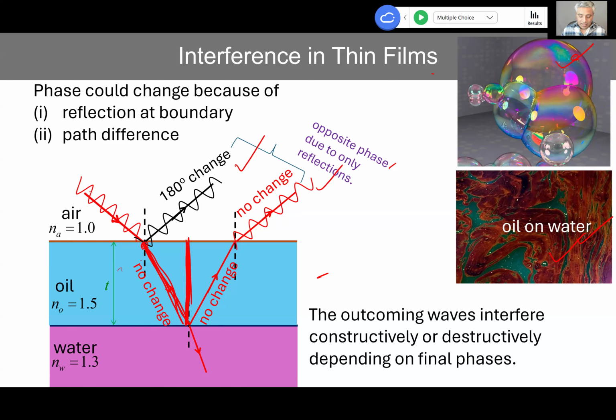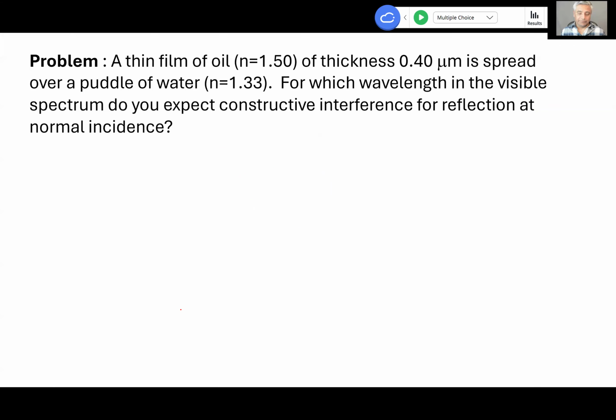Okay. So what's happening is that for this to constructively interfere with that, it has to go through exactly a 180-degree phase change. So where does that happen? That happens because of this path difference. Okay, so we need to take account of that. So here is a question, and this is a fairly long question.